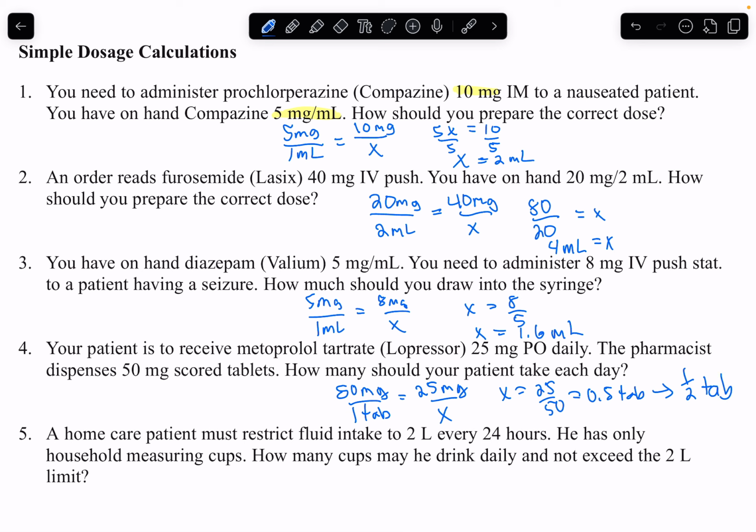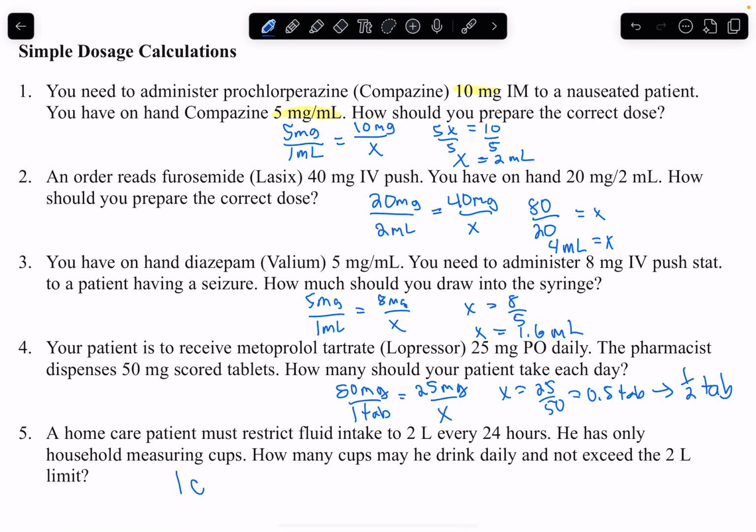And then finally it says a home care patient must restrict fluid intake to 2 liters every 24 hours. He has only household measuring cups. How many cups may he drink daily and not exceed the 2-liter limit? Well, we know that 1 cup is 240 milliliters.